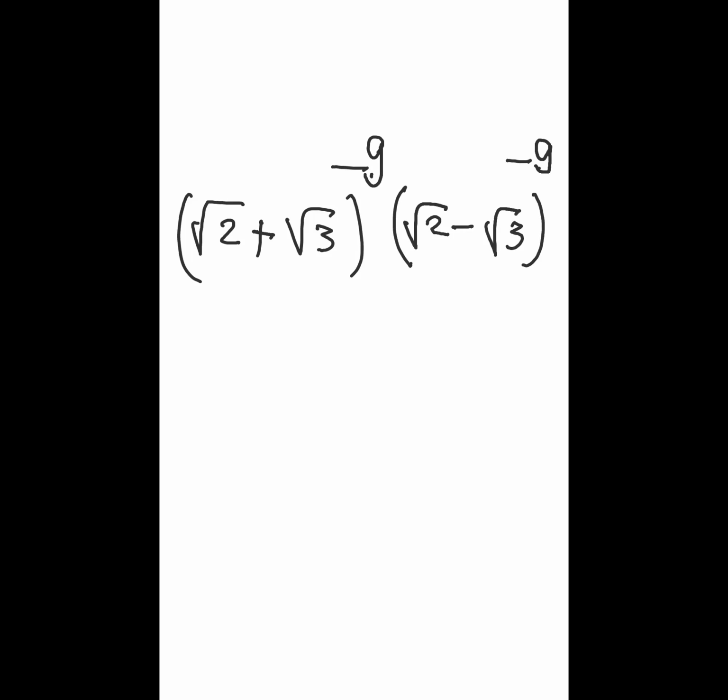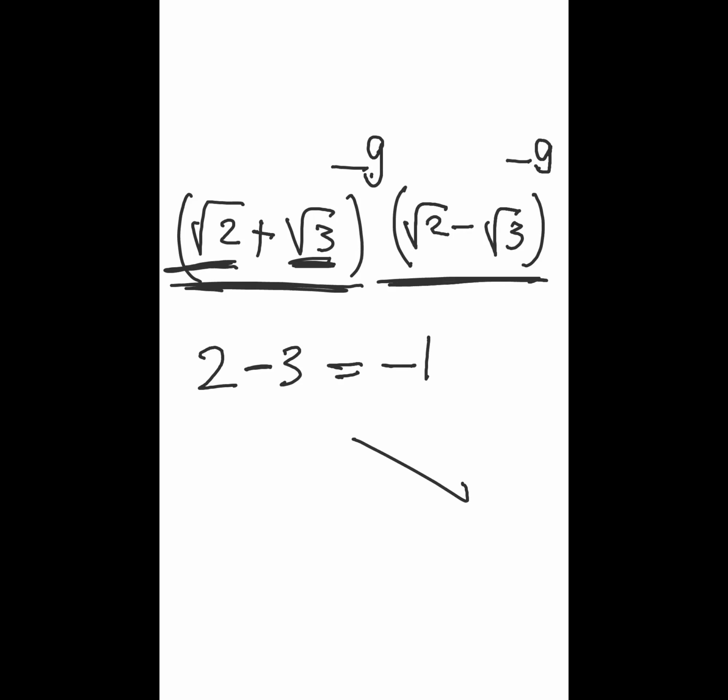This means the first term squared, which is 2, minus the second term squared, which is 3. So it will equal -1. The number times its conjugate equals the first term squared minus the second term squared. That's it.